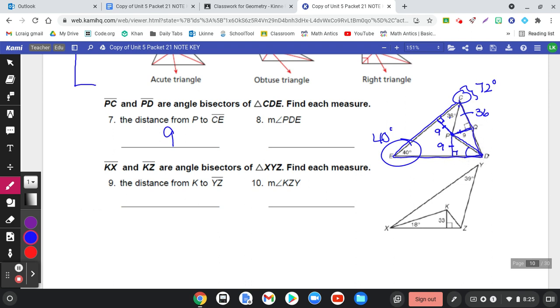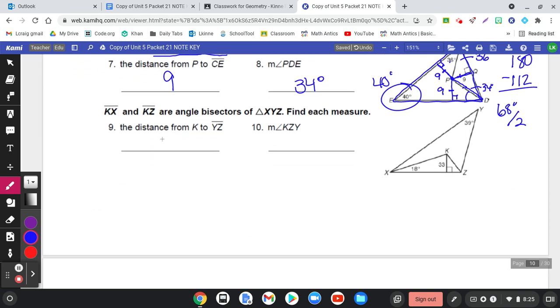All the angles in a triangle add up to 180. So if I take 40 and 72, that's 112, and subtract it, we get 68 for angle D. Well, if PD is an angle bisector, if the whole thing's 68, cut it in half. So each of these would be 34 degrees. If it's an angle, make sure you use degrees.